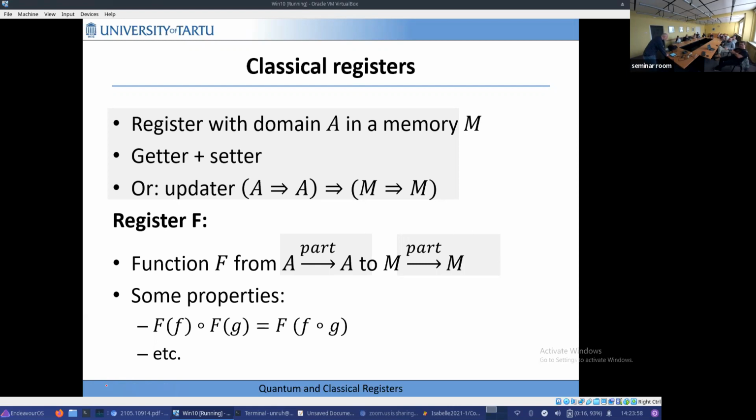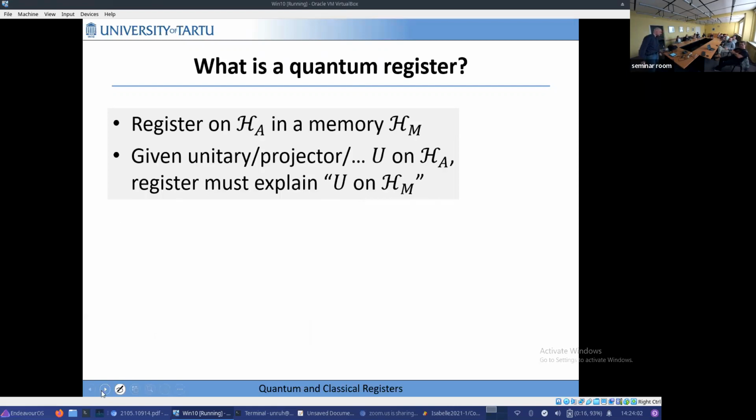Okay. So now I want to do a similar thing in the quantum case. I want to construct a quantum register. So first, in terms of just the types, the memory and the register content, classically they were described by sets.